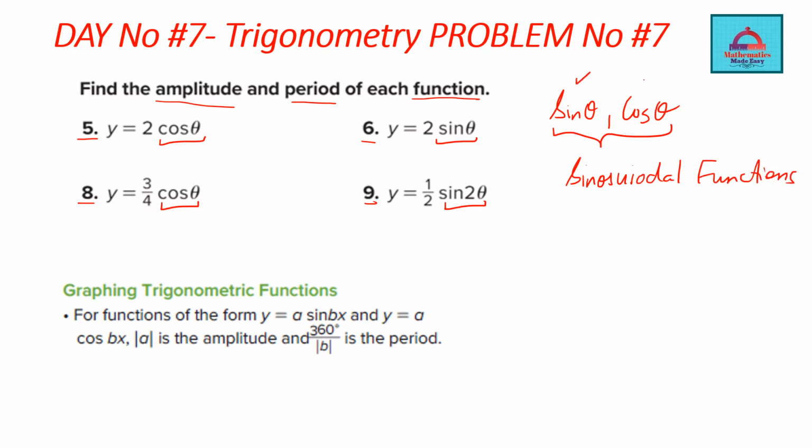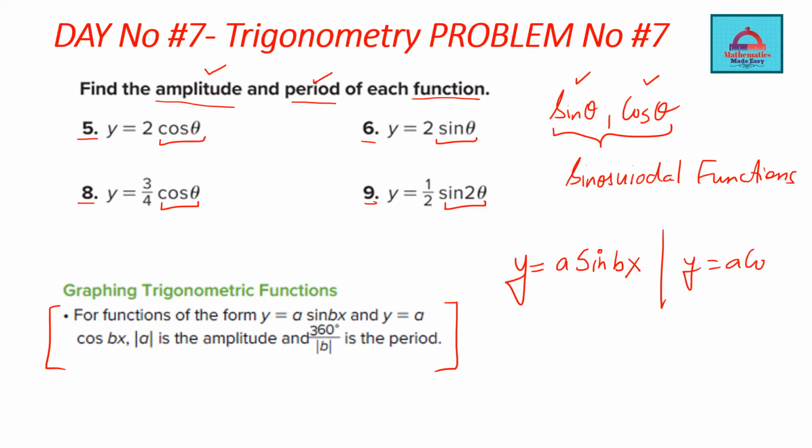Whether it is sine theta or cos theta, to find their amplitude and period, we will use this key concept. If your basic sinusoidal functions of sine and cos are of the form a sine bx, or in the form of cos, a cos bx.